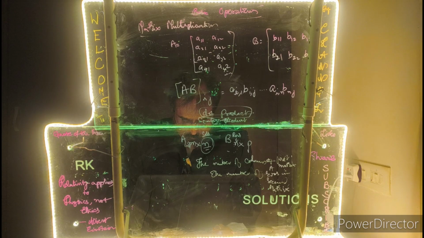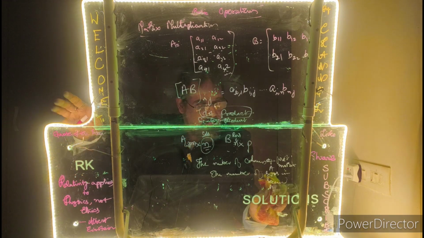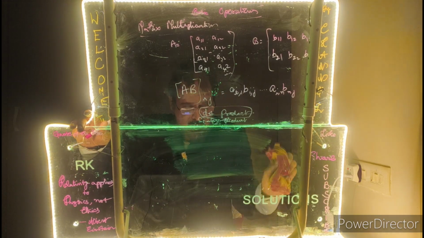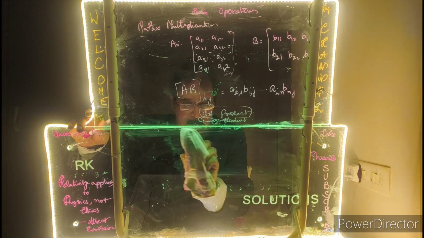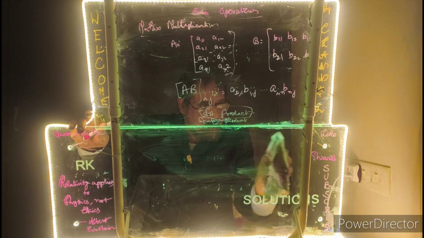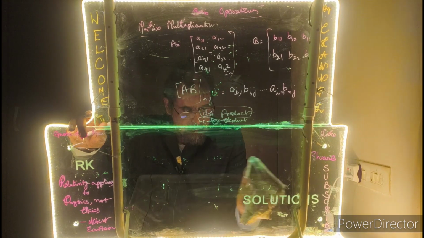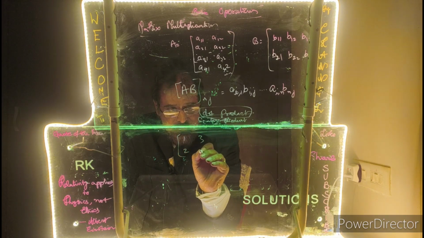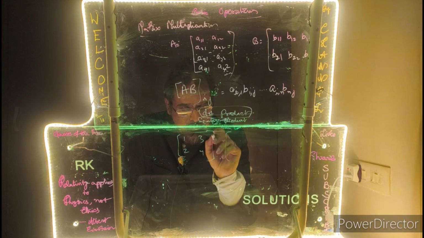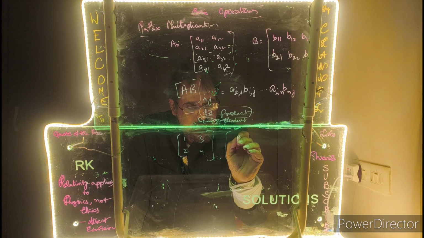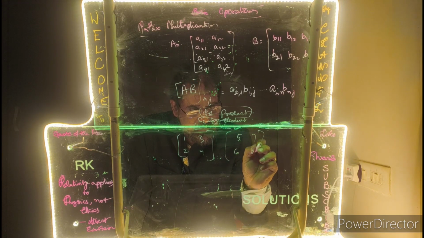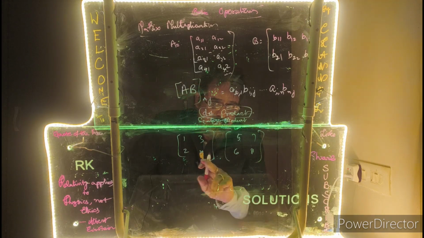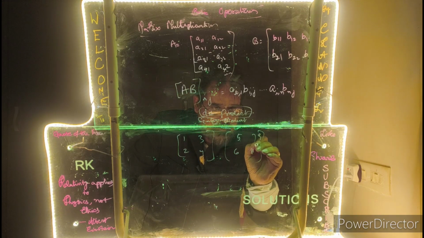So now let us take an example. 1, 2, 3, 4, and 5, 6, 7, 8, 9, 10.